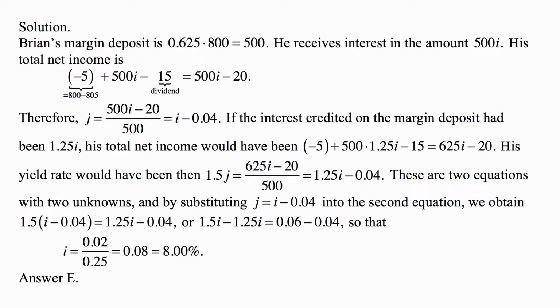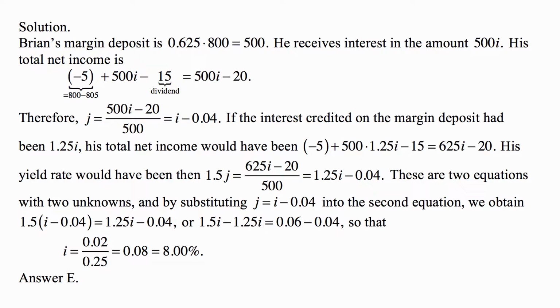These are two equations with two unknowns: J equals I minus 0.04, and 1.5J equals 1.25I minus 0.04.